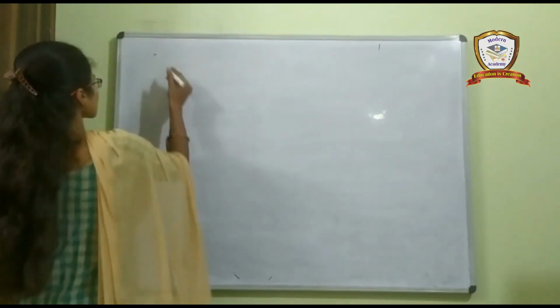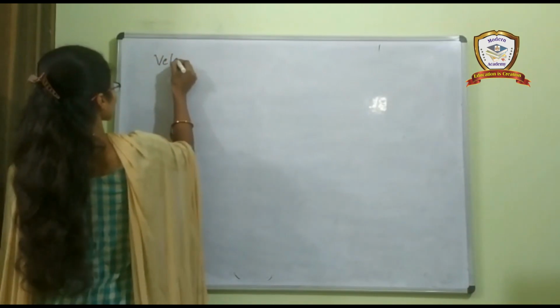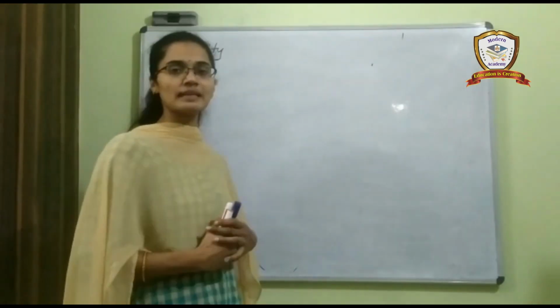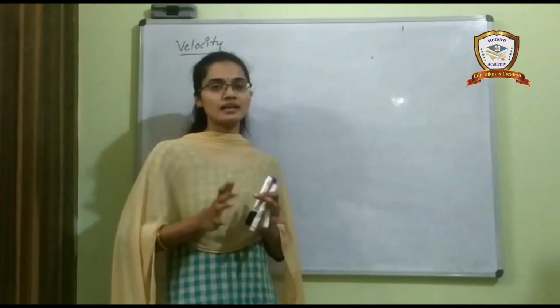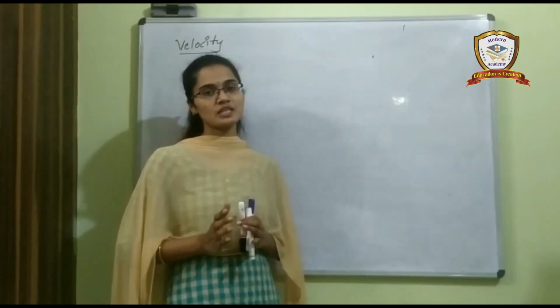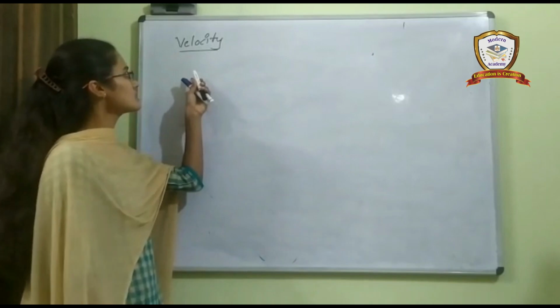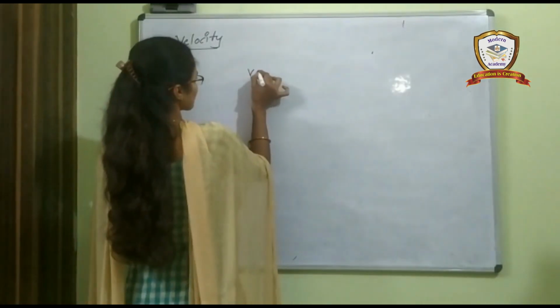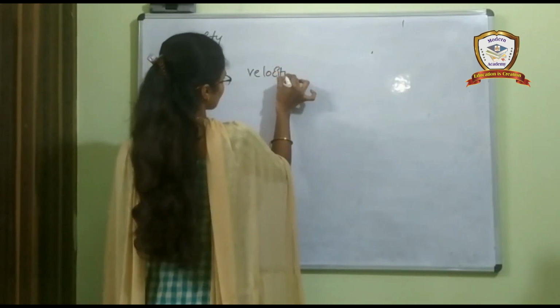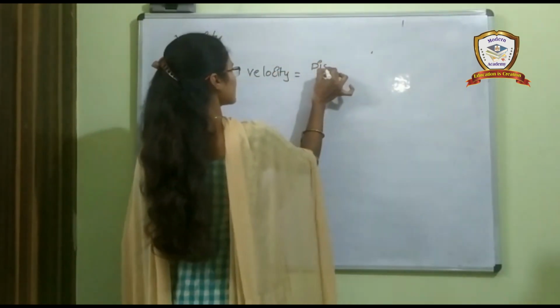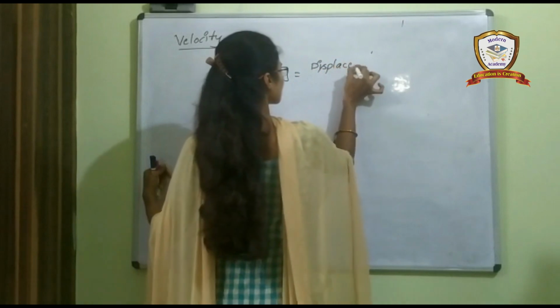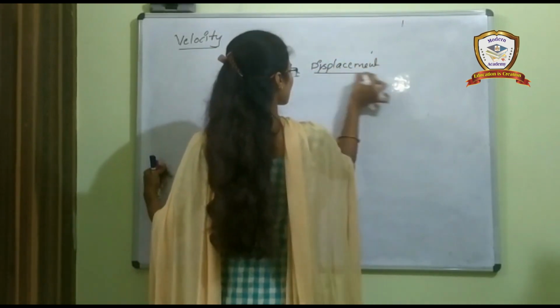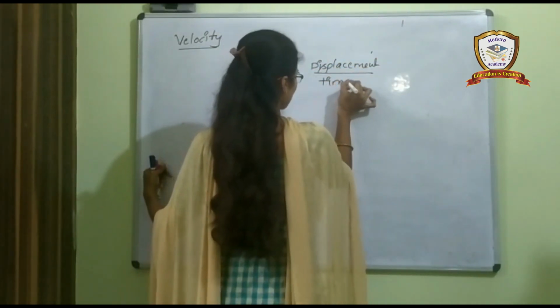Next I am going to discuss velocity. Velocity is nothing but the rate of change of displacement. Like speed is a rate of change of distance, and here the velocity is the rate of change of displacement. So velocity equals displacement by time taken to cover the displacement.